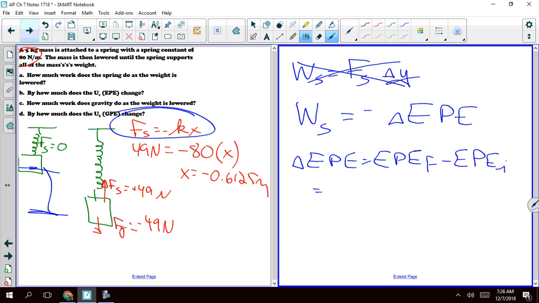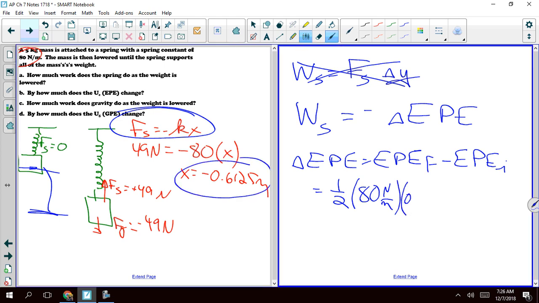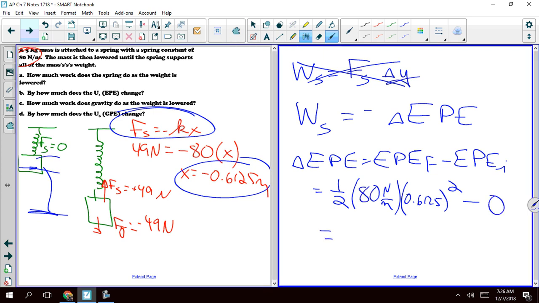Final is 1/2 times our K, which was 80 newtons per meter, times x squared. So that's this guy squared. I'm not going to worry about the negative because it's going to square out anyway. Minus the initial, which was just 0, because the spring was not stretched. If you figure this out, it gives you 15 joules.